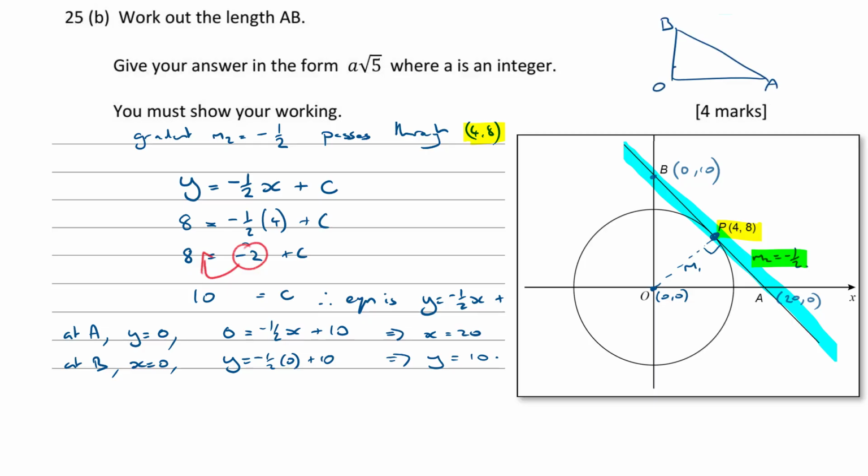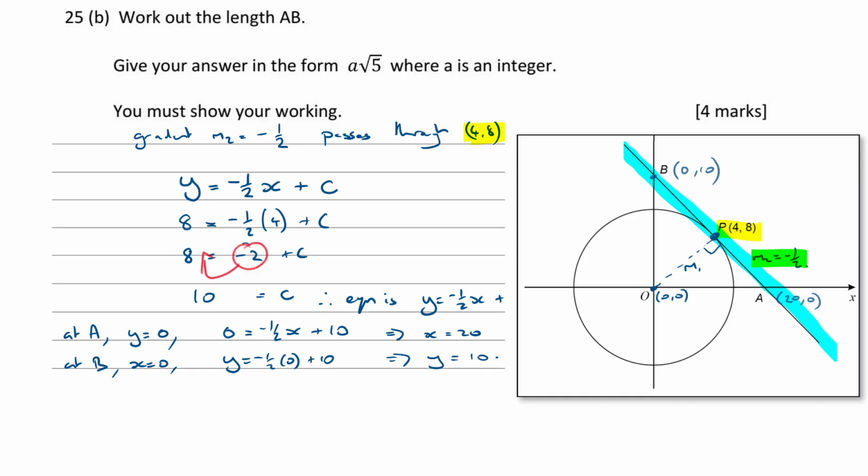BOA, we know that's a right angled triangle where OB is 10 because we know the coordinates of B, and OA is 20 because we know the coordinates of A. So then the length of this line we can find out using Pythagoras theorem. So we can use c squared equals a squared plus b squared, can't we?